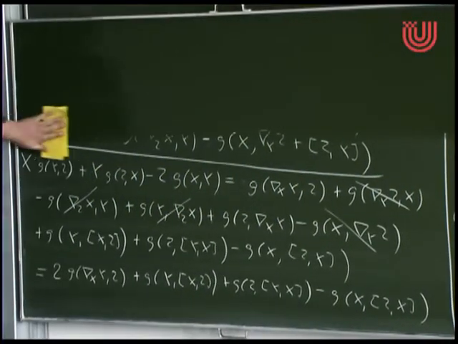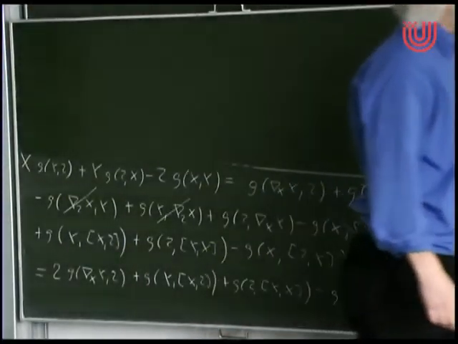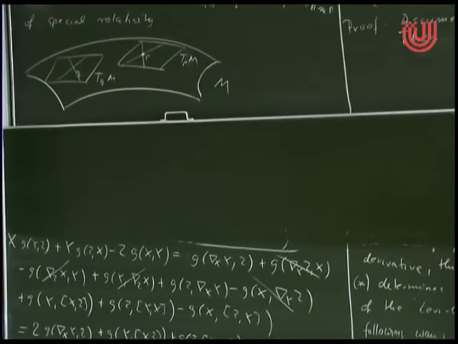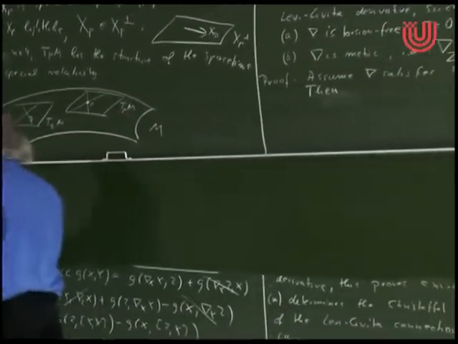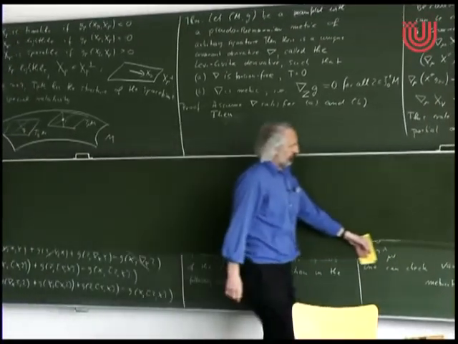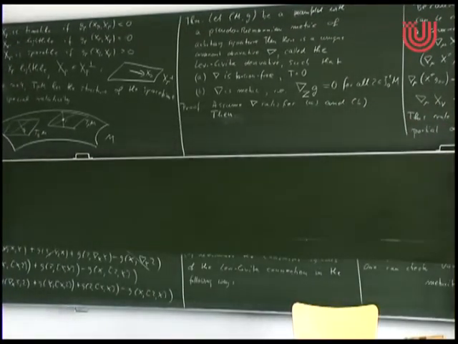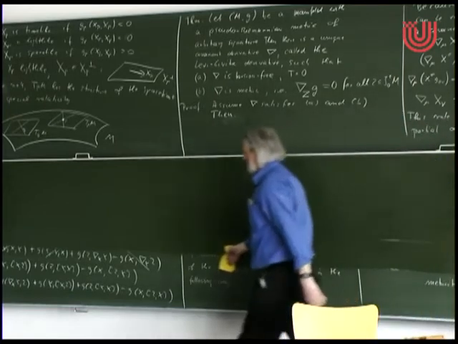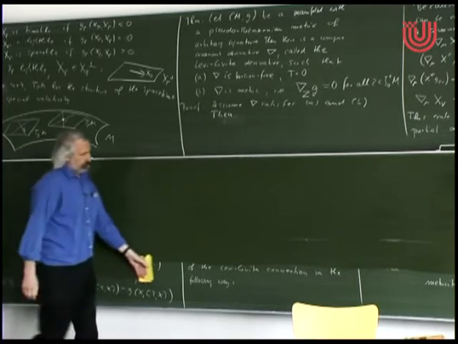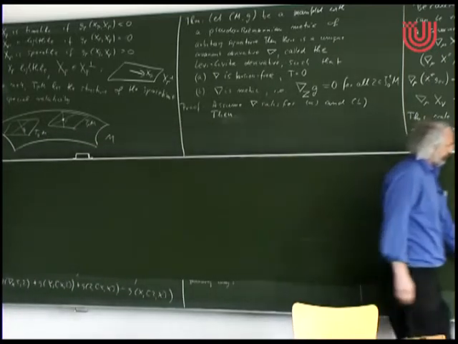And we want now to do this for the geodesics of the Levi-Civita connection. So we want to express these geodesics with the help of the metric from which the Levi-Civita connection was derived. And what we want to demonstrate is that actually the geodesics are the solutions of a variational principle.